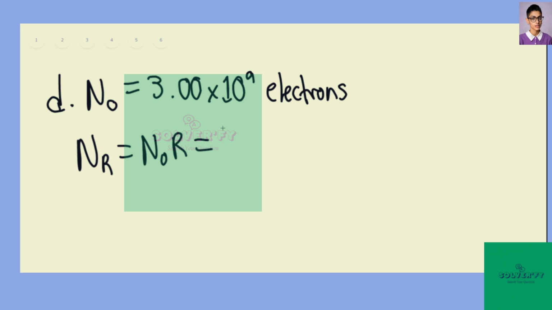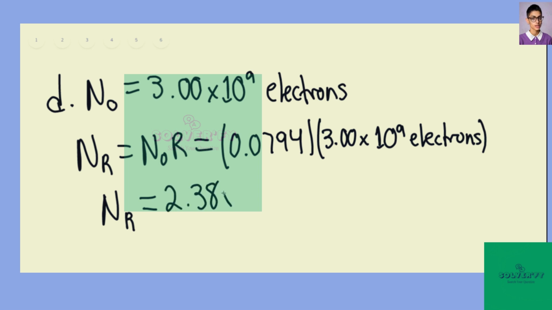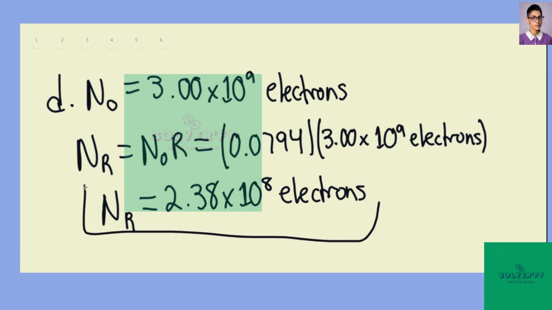So this would be equal to 0.0794 times 3.00 times 10 to the 9th electrons. And we have the number of electrons being reflected equaling 2.38 times 10 to the 8th electrons. This would be our answer to part D.